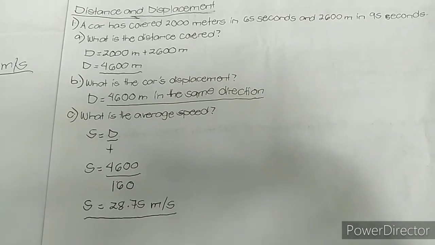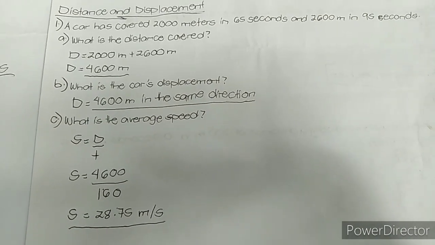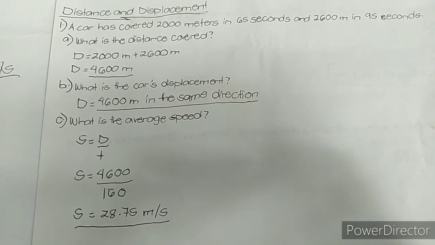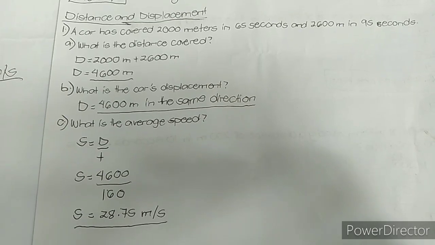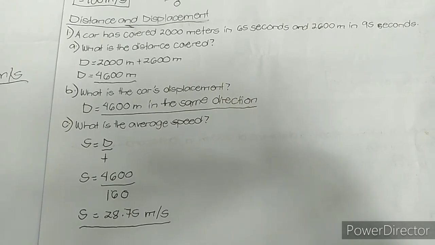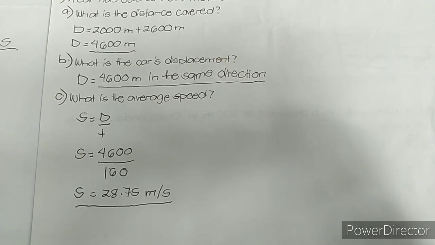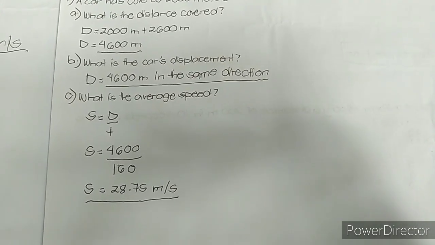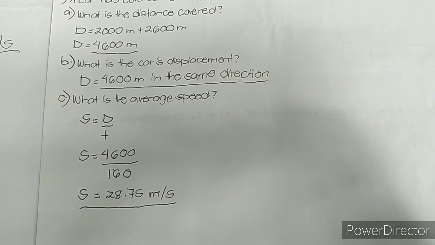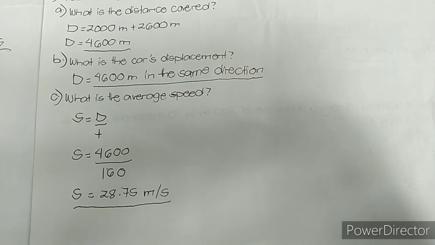A car has covered 2,000 meters in 65 seconds and 2,600 meters in 95 seconds. The distance covered by the car is 4,600 meters. The car's displacement is 4,600 meters in the same direction, and the average speed is 28.75 meter per second.